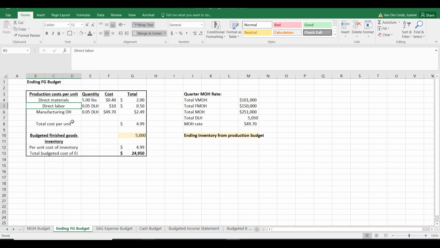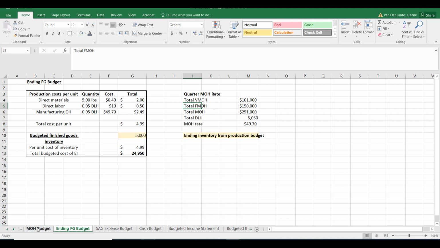And now we're going to do the same thing for manufacturing overhead. But first, we need to find the manufacturing overhead rate. Recall that the allocation base for applying overhead for this company is direct labor hours. So first we need to know the total variable manufacturing overhead and the total fixed manufacturing overhead for the quarter.